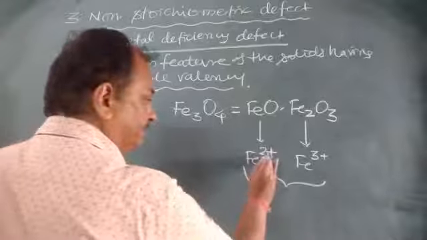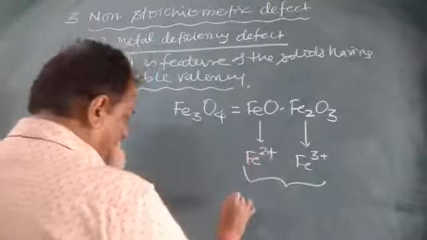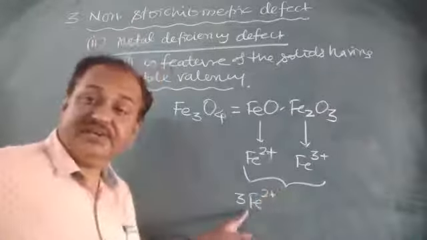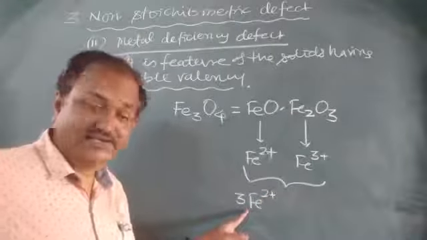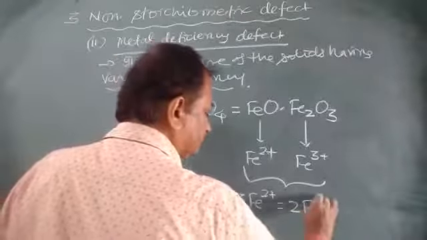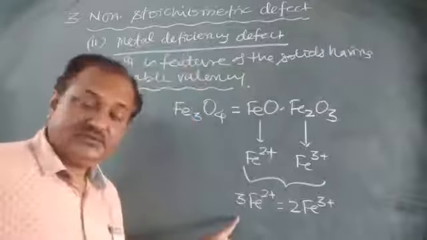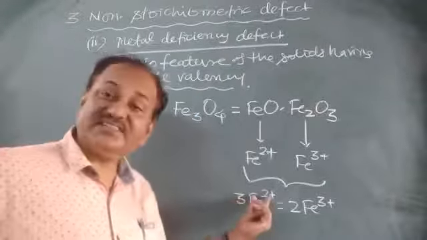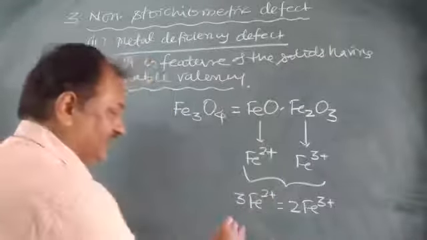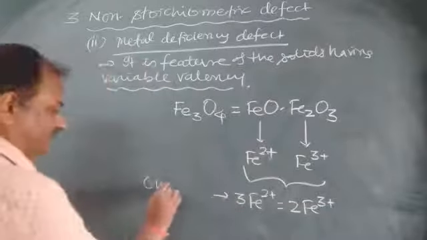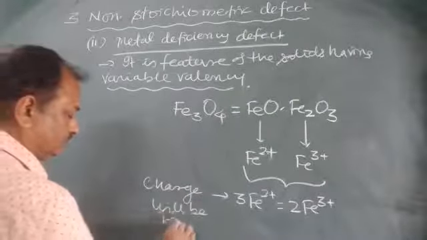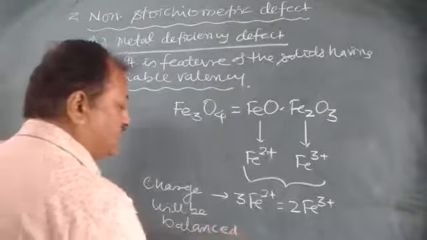And how will they be equalized? 3 ferrous ions, or Fe2+ ions, are equal to 2 ferric ions. So see here, 3 twos are 6 and 2 threes are 6. The charge is balanced.